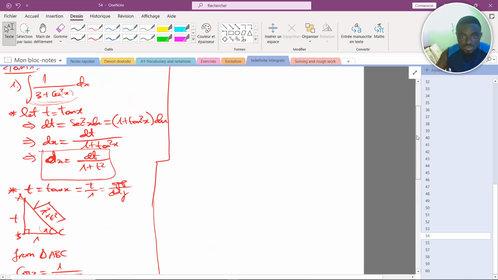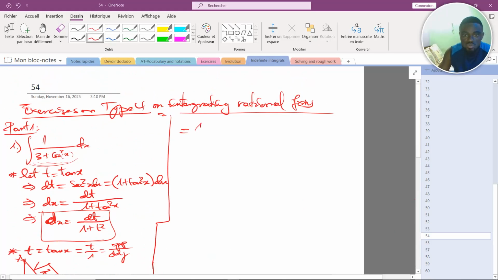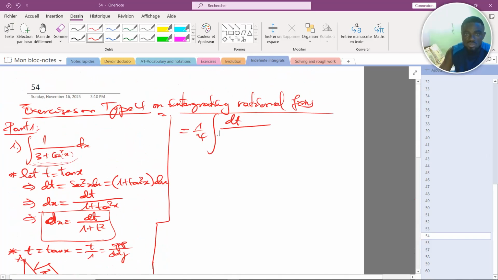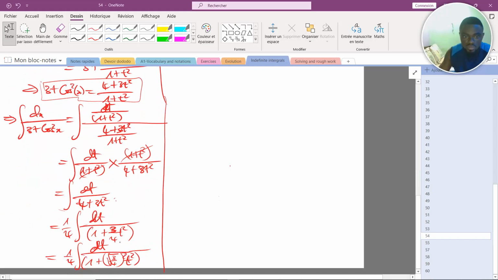This will be equal to 1/4 integral of dt all over 1 plus, let me put big brackets, 1 plus t root 3 on 4, all that square. I hope you understood what I did. So when this comes in, it makes t times this, all that square.